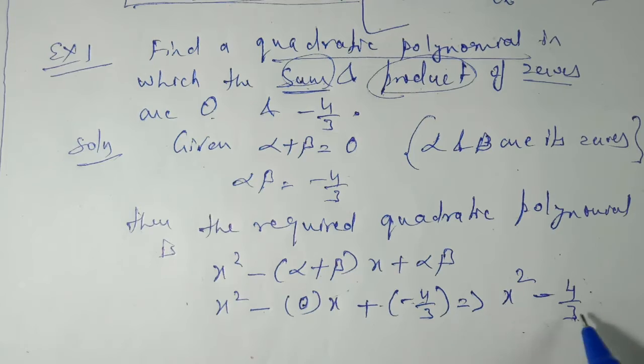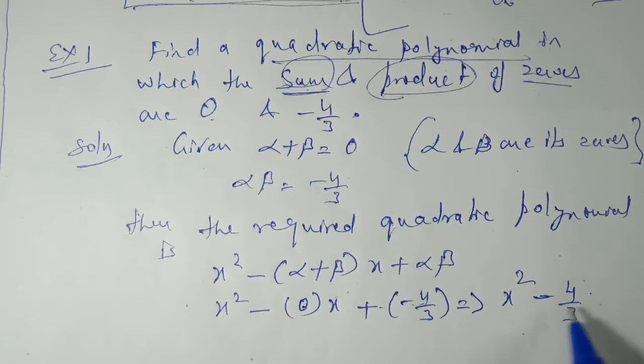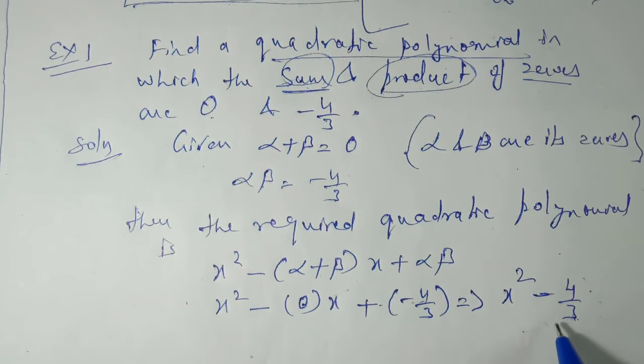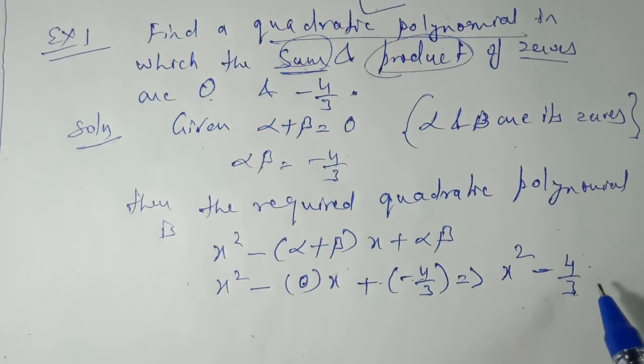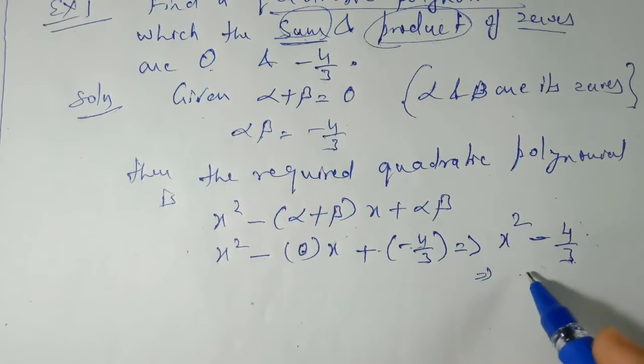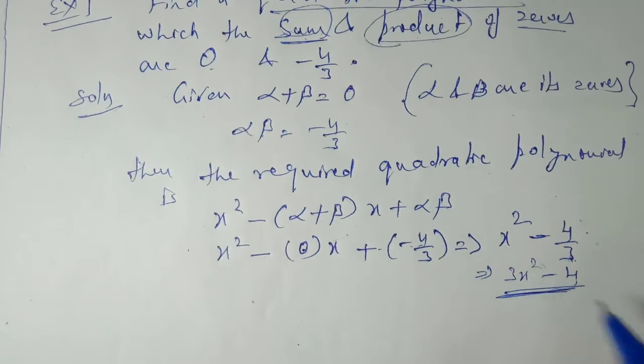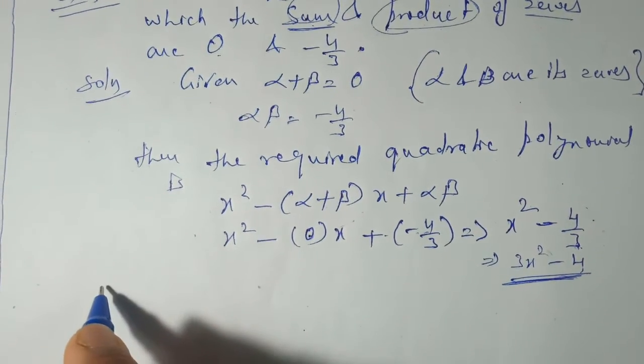But if you have a denominator in two terms, then how do we remove them? Then we take the LCM of both of them, and the number that we get, with that number we have to multiply the formed quadratic polynomial. So this will be 3x square minus 4. So this is the required quadratic polynomial.